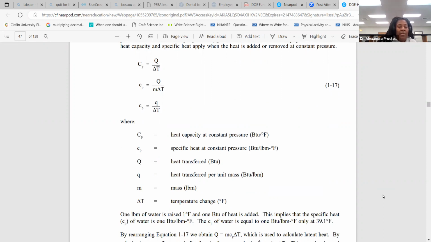Lowercase cp is specific heat at constant pressure, BTU per pound mass degree Fahrenheit. And Q is in BTU, that's the heat transferred. Lowercase q is heat transferred per unit mass, which is BTU per pound mass. Mass is in pound mass, and the change in temperature is in degree Fahrenheit.